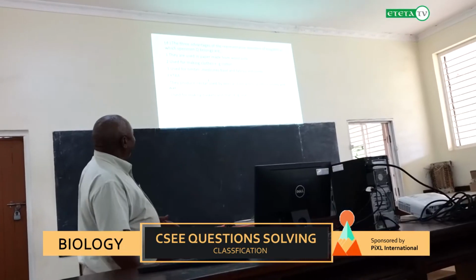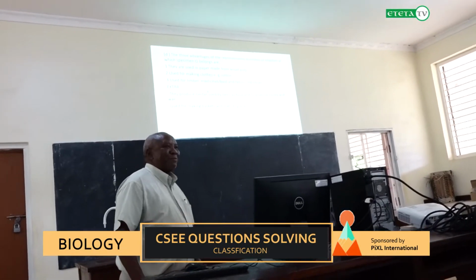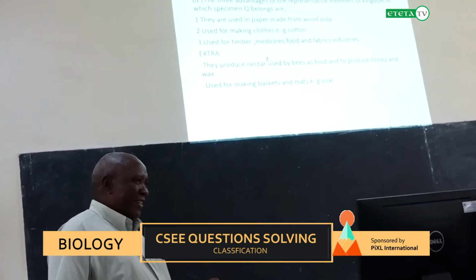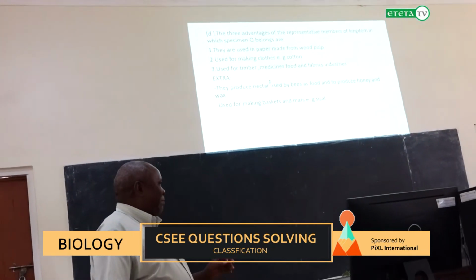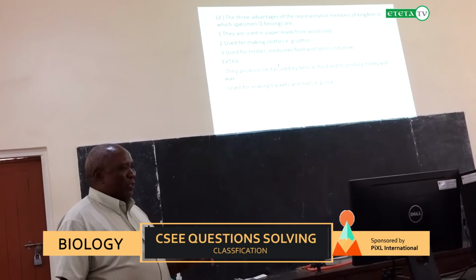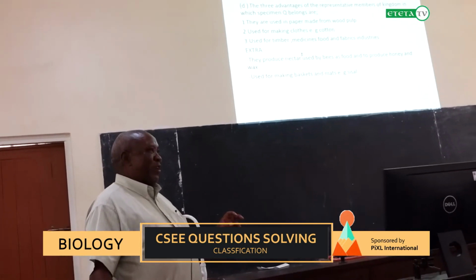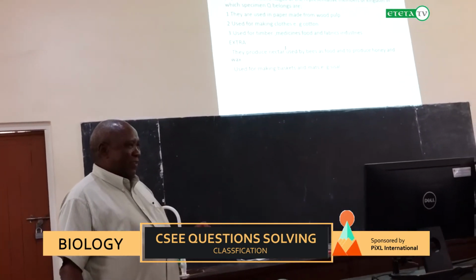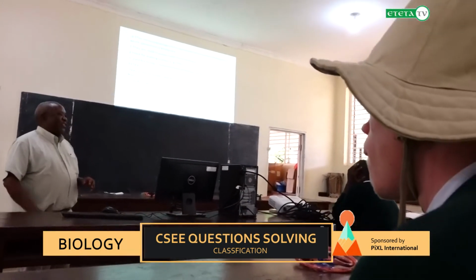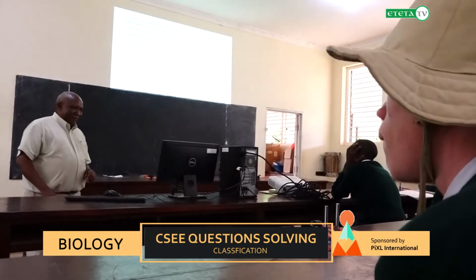Now let us sum up our lesson. We had 3 specimens. Specimen P, which was the mushroom. Specimen Q, which was the big seed, and specimen R, which was the crab.